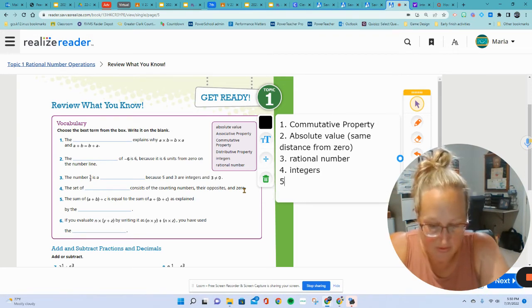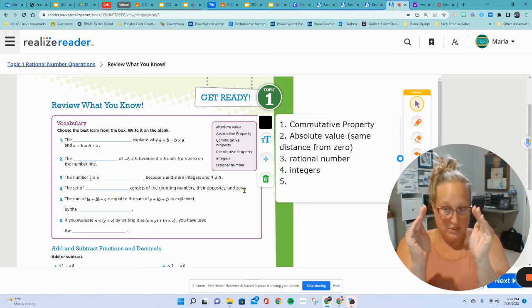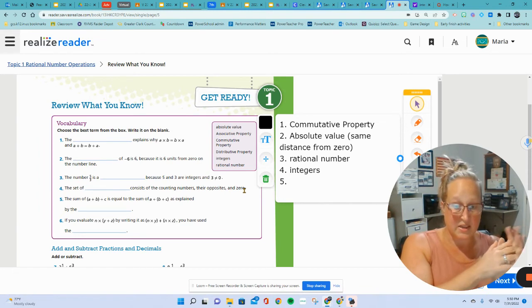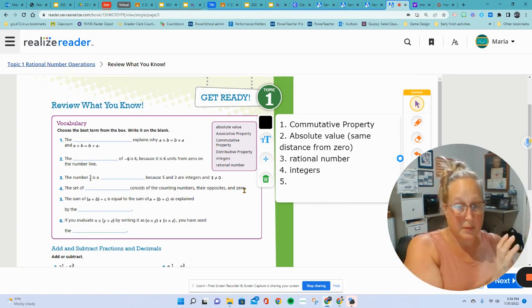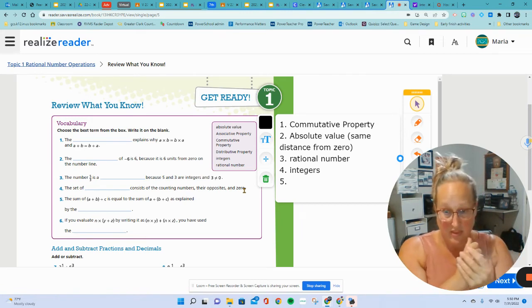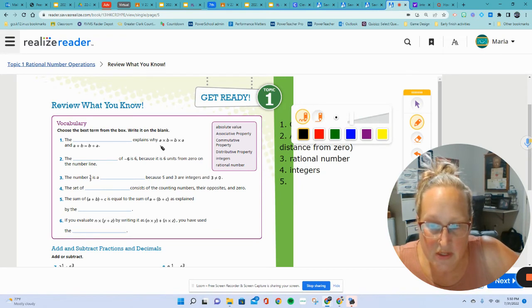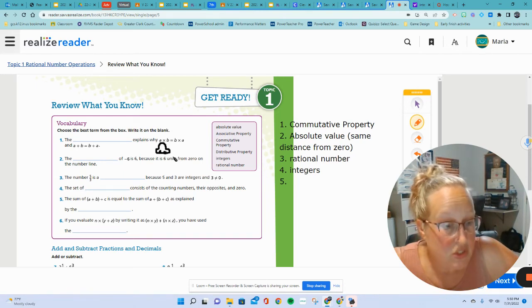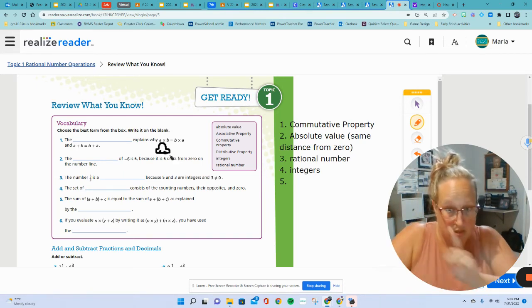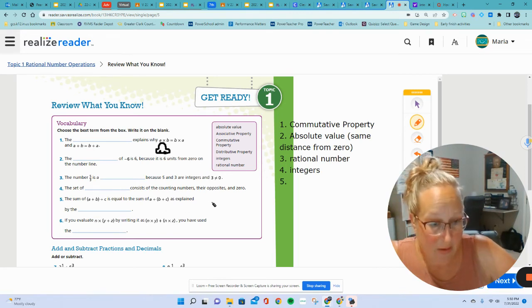Number 5. The sum of a plus b, parentheses, a plus b, plus c is equal to the sum of a plus the quantity b plus c. Now, the commutative one is like a little car because they kind of move. It's a commute. A car commutes. That's how it helps me. They moved around. But this one has to do with who you associate with.